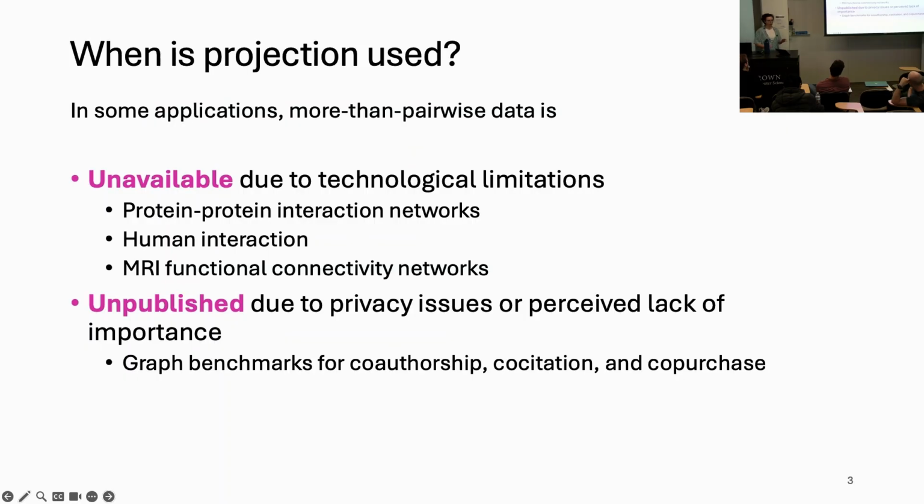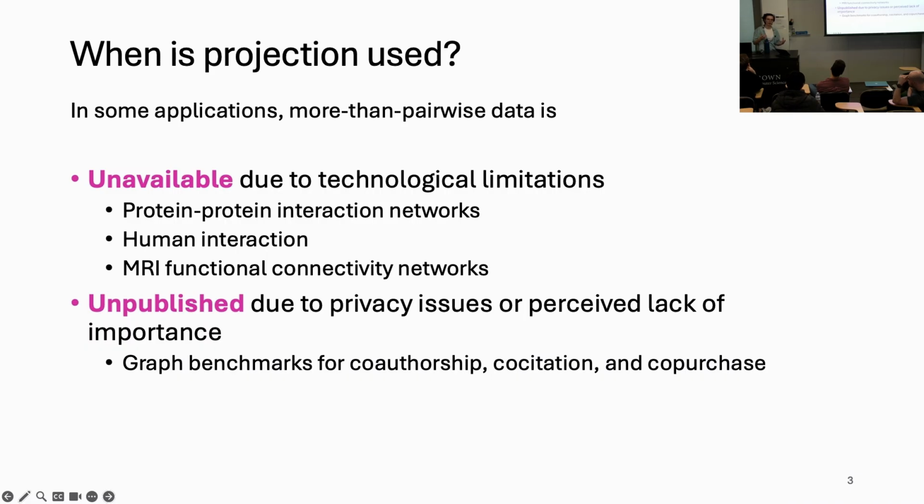Sometimes you only have the projection. In some applications, the hypergraph information might be unavailable, so you can't really measure it. Some examples of this are protein-protein interaction networks, where it's easier to take pairs of proteins and test whether they interact than to actually detect protein complexes directly.